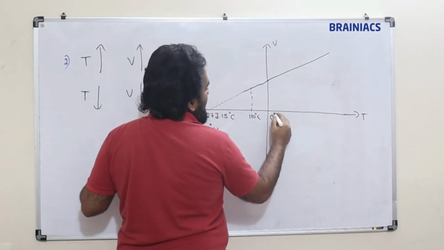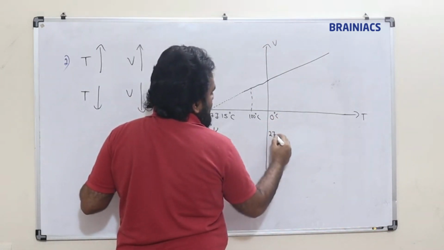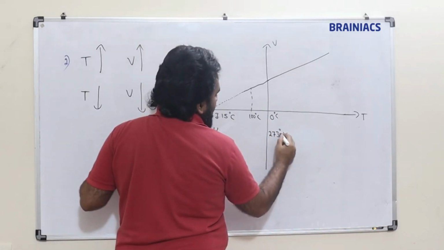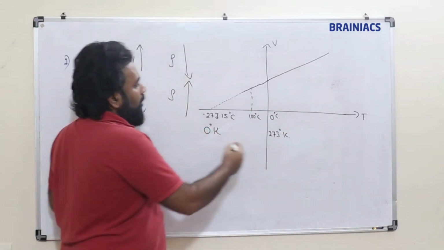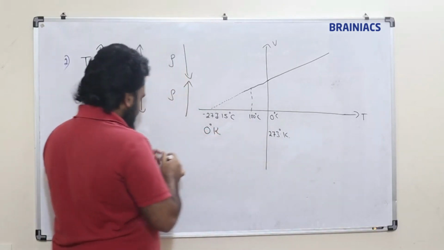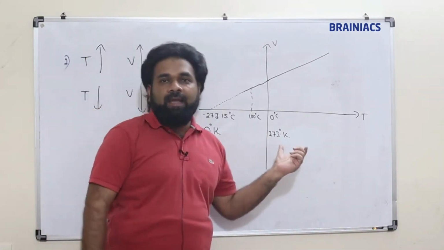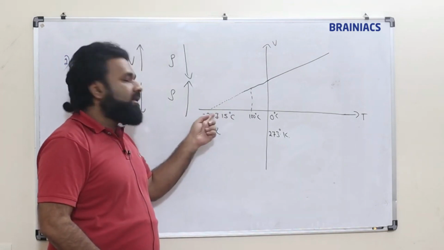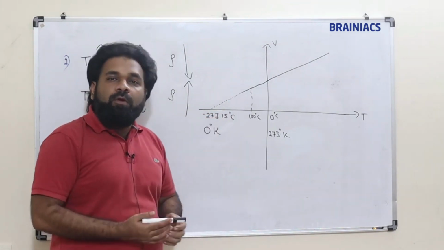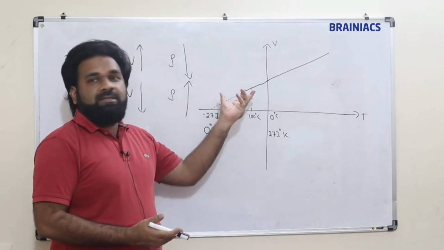So when it is 0 degree Celsius, it is nothing but 273 degree Kelvin. 273.15 degree Kelvin. Roughly we can take it as 273 Kelvin. So beyond this temperature, the volume will not be there for the gas.